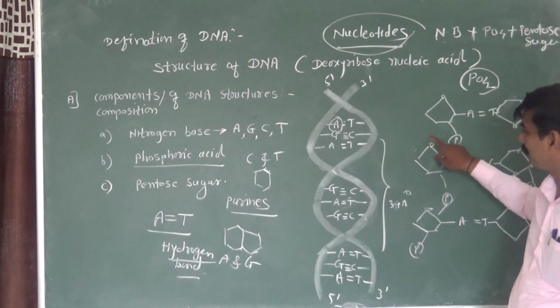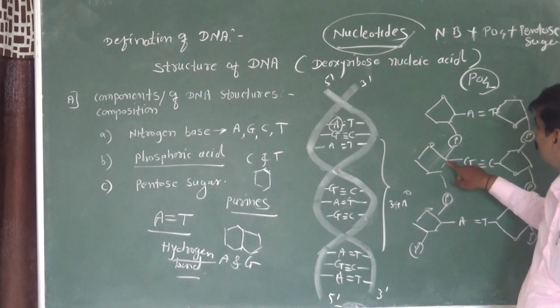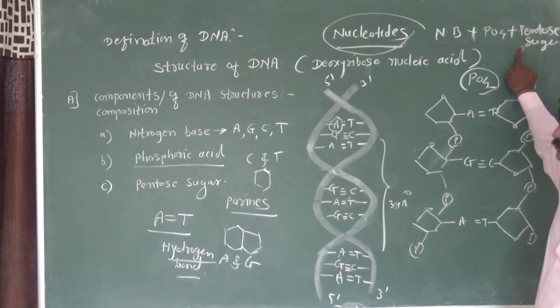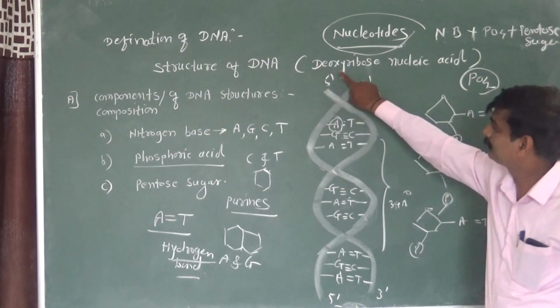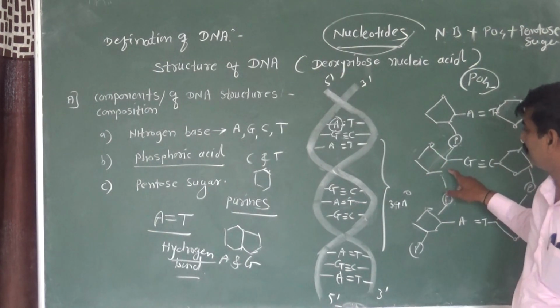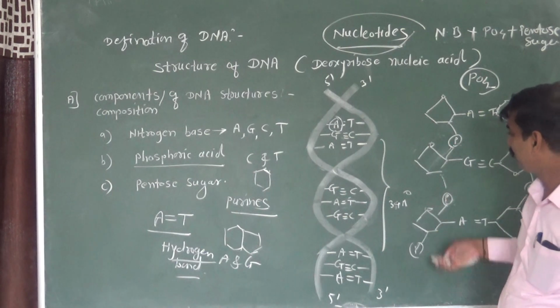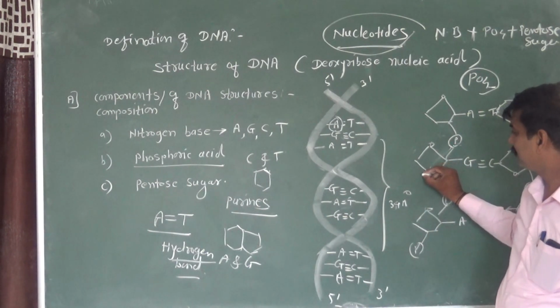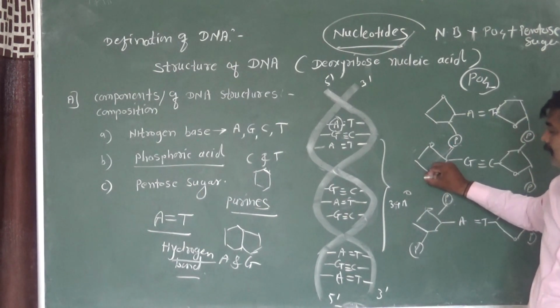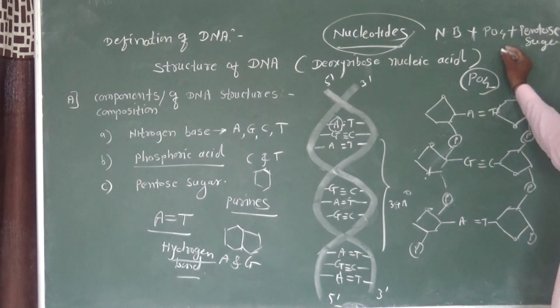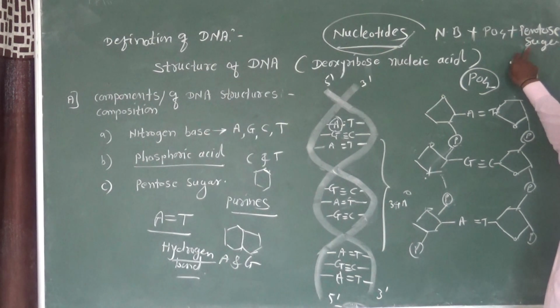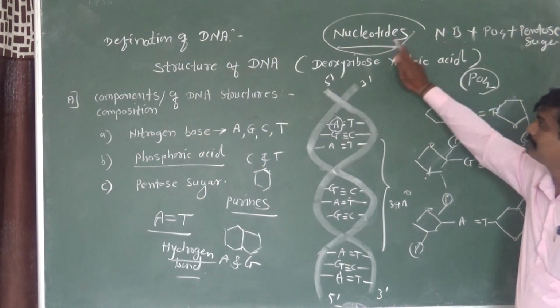The pentose sugar has a ring of 5 carbon atoms. Ribose and deoxyribose sugars are seen in nucleic acids; in DNA, the OH group on the second carbon atom is replaced by a hydrogen atom. So nitrogen base plus phosphoric acid and pentose sugar make up a nucleotide.